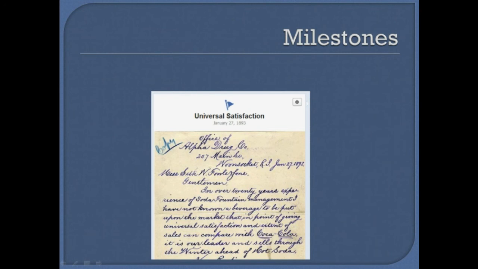And you can go all the way back to the 1800s. As you can see here with Coca-Cola, January 27th, 1893, you can see the milestones here. So that concludes the anatomy of a Facebook timeline. Now you understand it, you can tackle it in a much easier way.